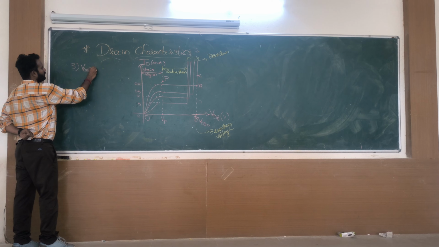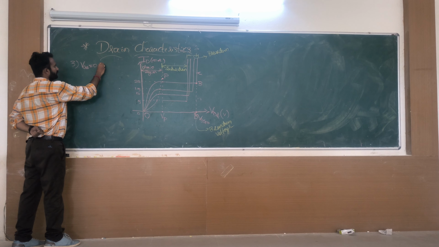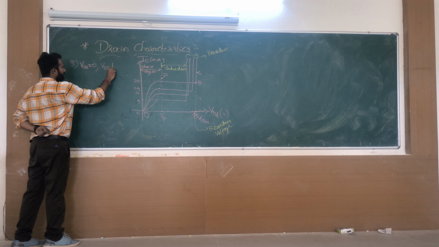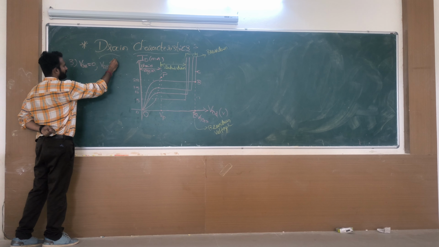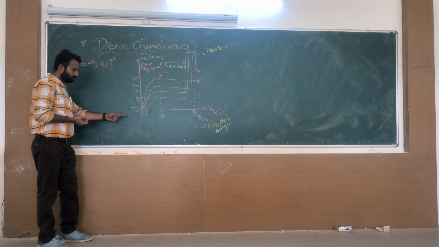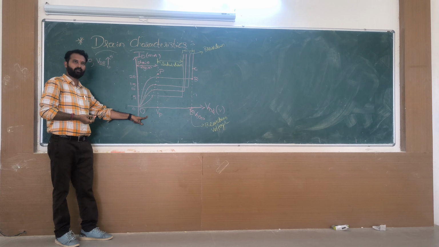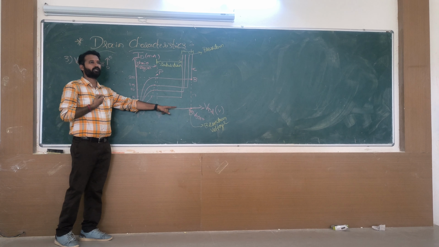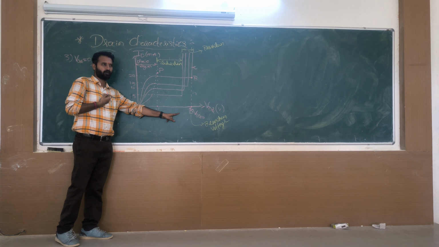VGS is equal to 0 and you are increasing VDS from 0 to a certain voltage. On the x-axis you can see our x-axis is VDS, the drain to source voltage.